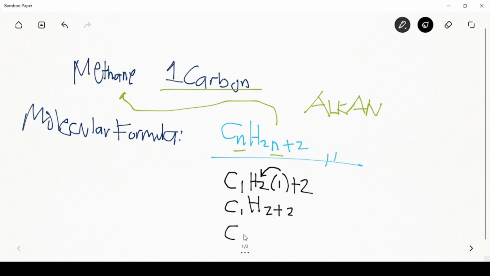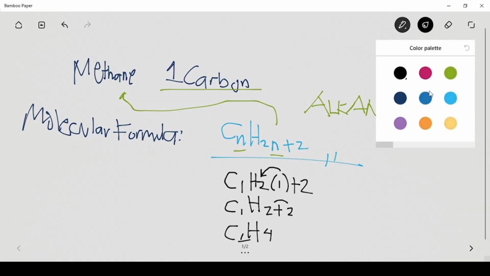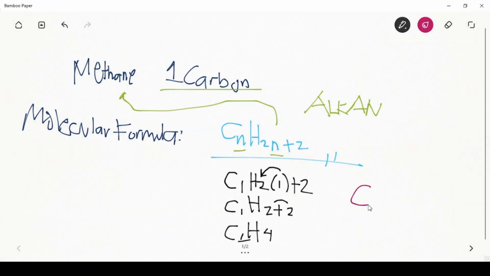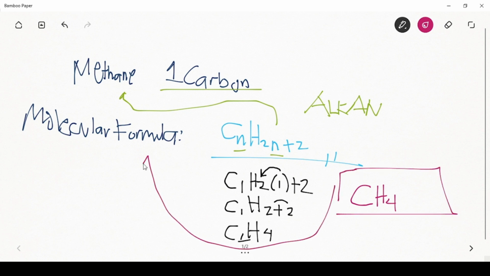After that, copy C1, add this, it is equal to 4. Now, if the subscript is only one, there's no need to write it. Therefore, it will be CH4. And CH4 is the molecular formula of methane.